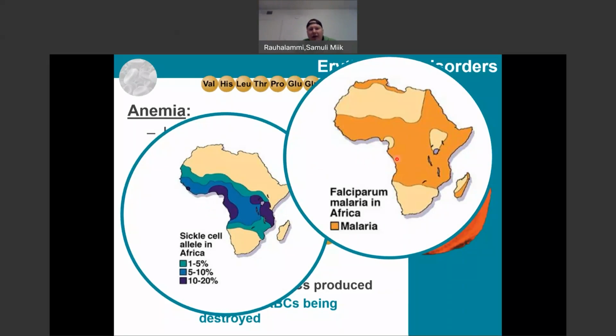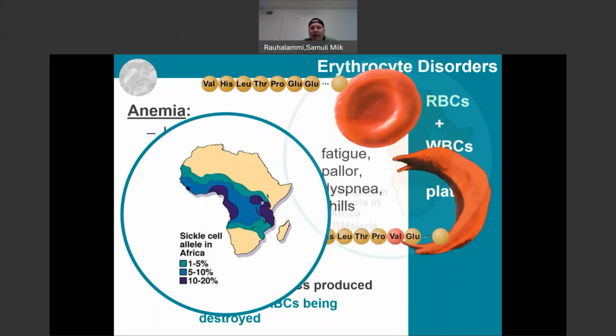A malaria parasite requires, as one part of its life cycle, to enter the red blood cell where it multiplies and then breaks out and spreads everywhere. It needs this access to the red blood cell. And if the red blood cell is now sickle shaped, it's not able to do that.